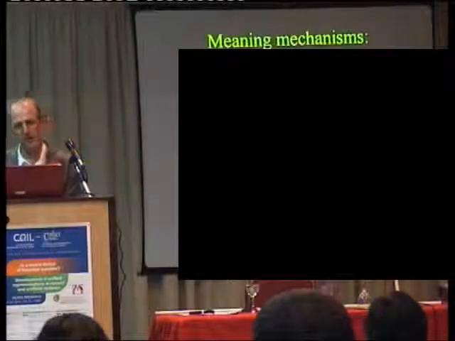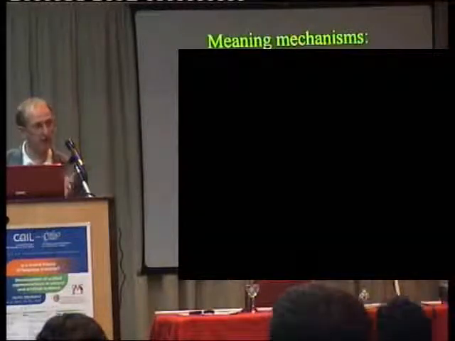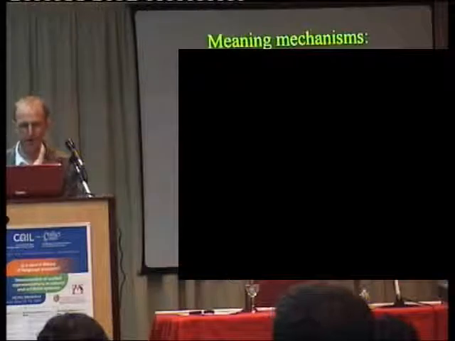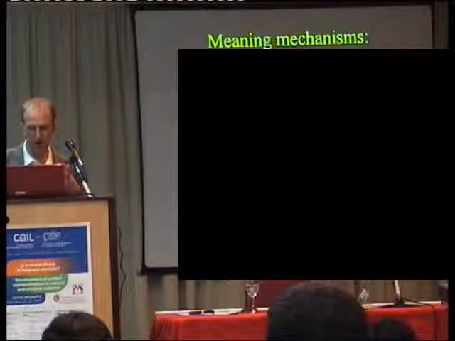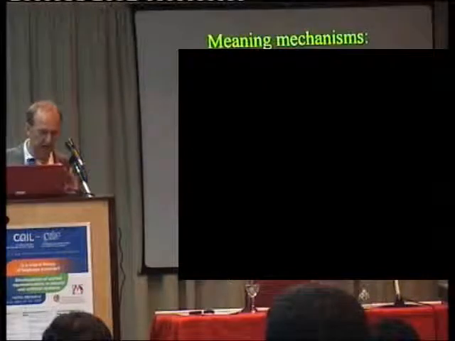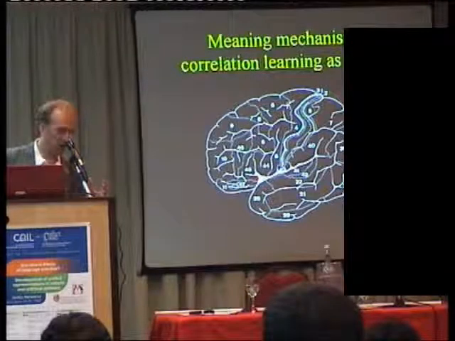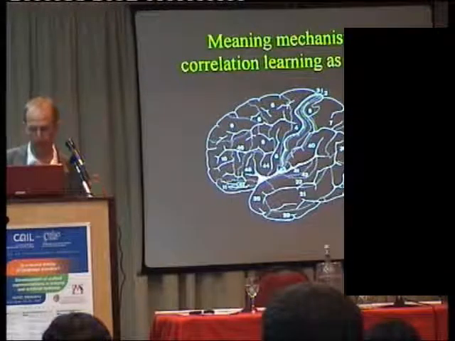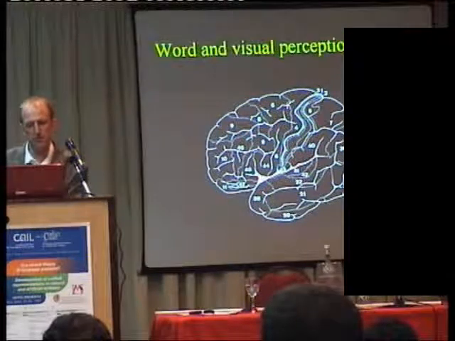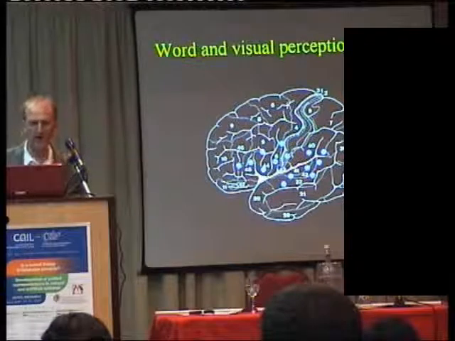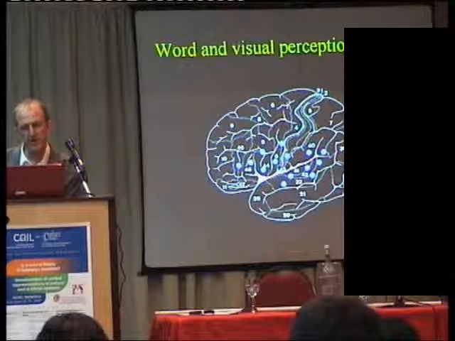Let me just explain this with a simple example. This overlaps partly with what Art already mentioned. Think of a word that relates to an object in the world, and the child may see it frequently in temporal vicinity to the occurrence of the word. In this case, the word would be heard, leading to some activation in perisylvian cortex, and the relevant object would be seen, so that there's activation in the visual system.